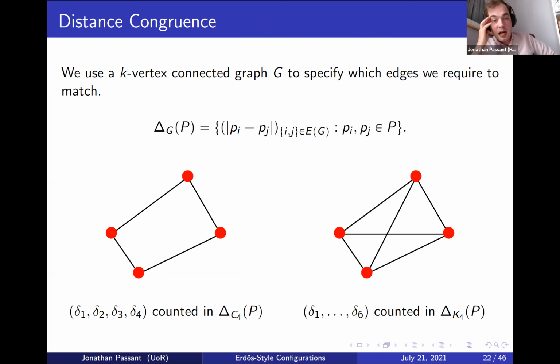Okay, and so how we're going to set this up is we define a graph to tell us which edges we care about in terms of these congruences. So if I have my graph as the 4-cycle, then I care about fewer edges. But if I say that it's the complete graph on 4 vertices, then I care about all possible edges.